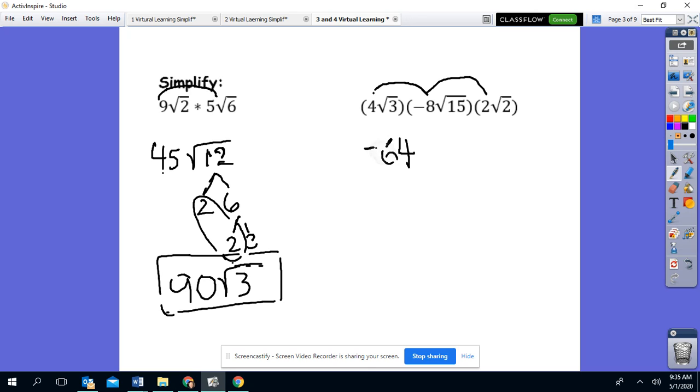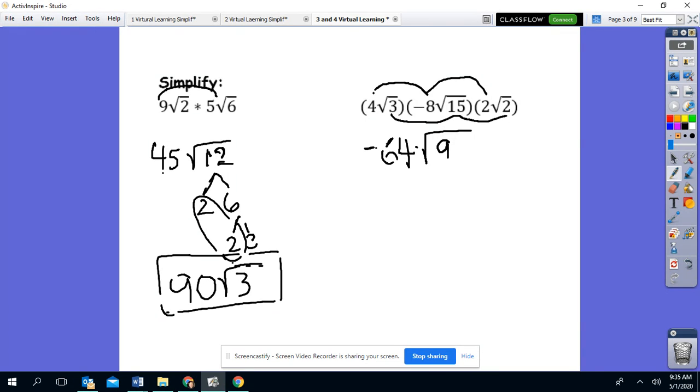On the inside of my radical, I need to multiply 3 times 15. 3 times 15 is 45, and then 45 times 2. So I'm multiplying all of these radicals together on the inside.